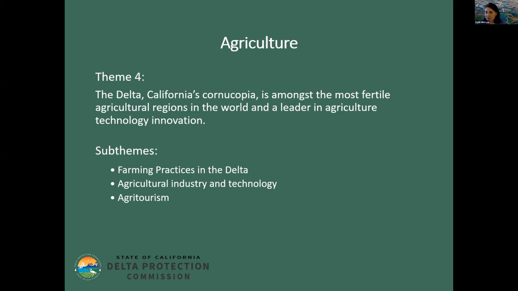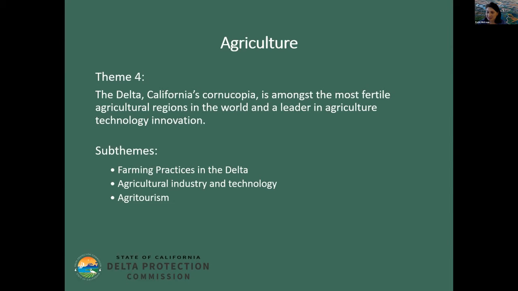It gets into how agriculture came to be out here, what plants and animals were grown or harvested, types of farming practices, the cultural farming practices that came with each immigrant group, and the industry. We've got Caterpillar tractor and other technologies developed here that made farming a lot easier.